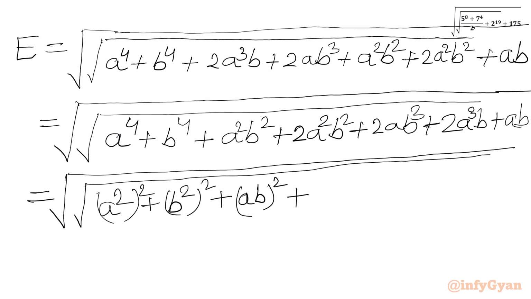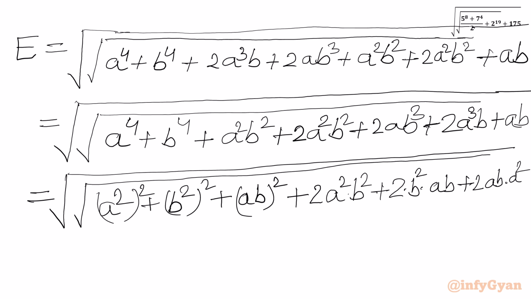Then you can see 2A square B square, I will write 2 times A square times B square, plus 2AB cube, I will write 2 times B square times AB, and 2A cube B I will write plus 2 times AB times A square. Then we have plus AB after this square root.